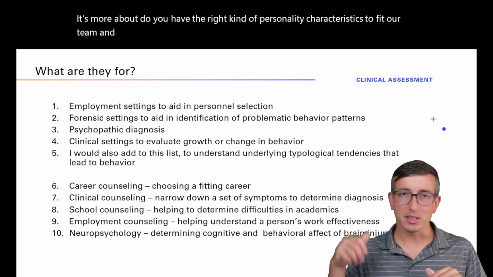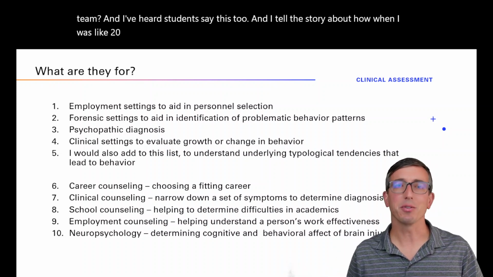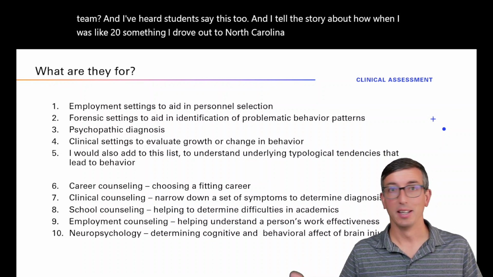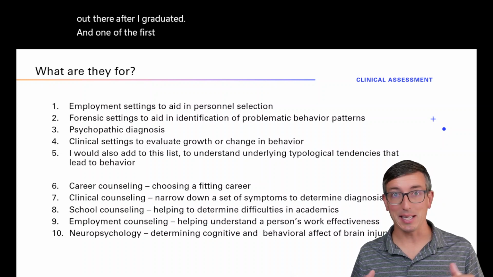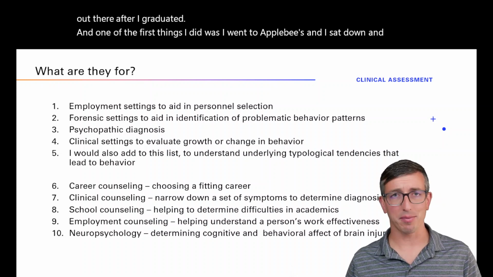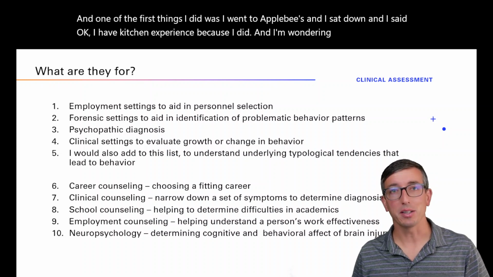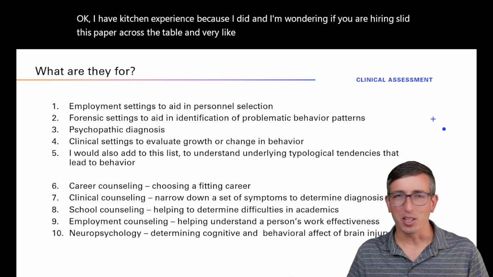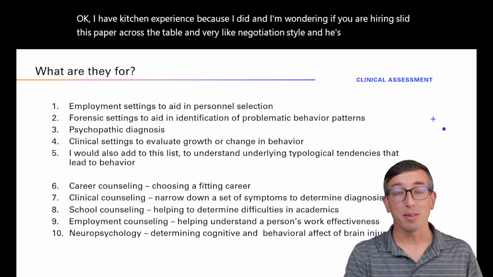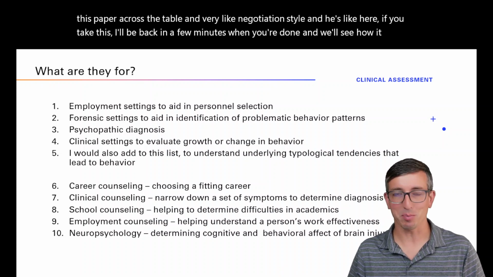I've heard students say this too, and I tell the story about how when I was 20-something, I drove out to North Carolina to go live and just be out there after I graduated. One of the first things I did was go to Applebee's and sit down and say, okay, I have kitchen experience, because I did. I'm wondering if you are hiring. And he slid this paper across the table in very negotiation style. He's like, here, if you take this, I'll be back in a few minutes when you're done and we'll see how it goes. So I took this personality test.